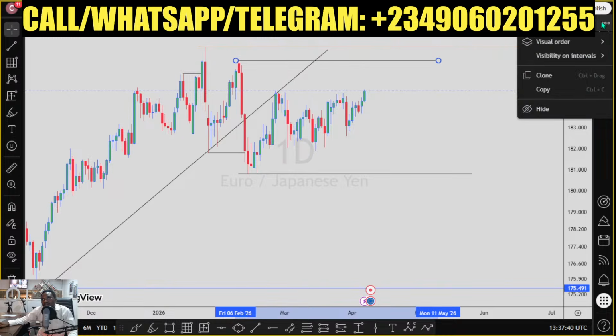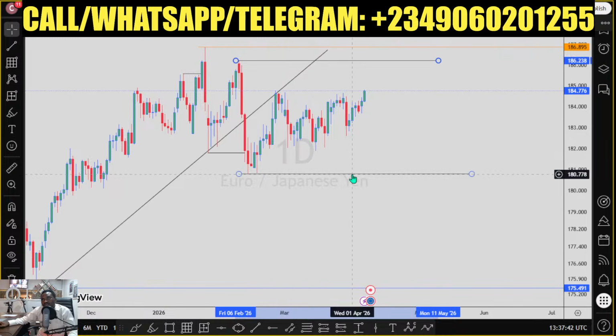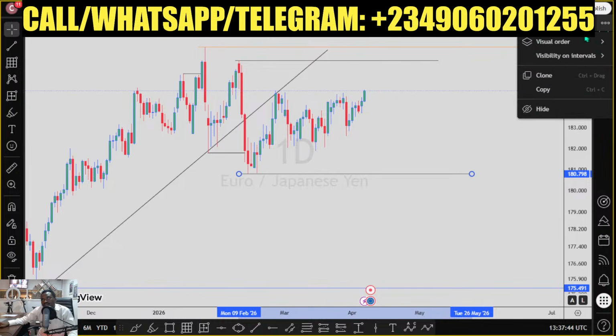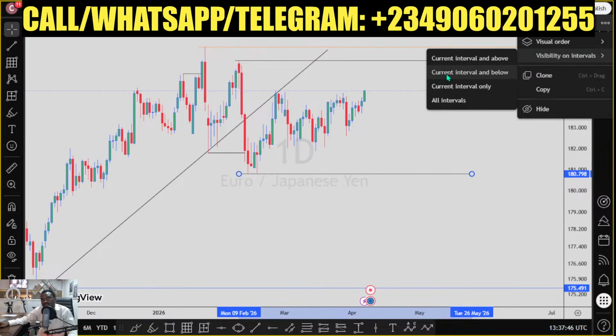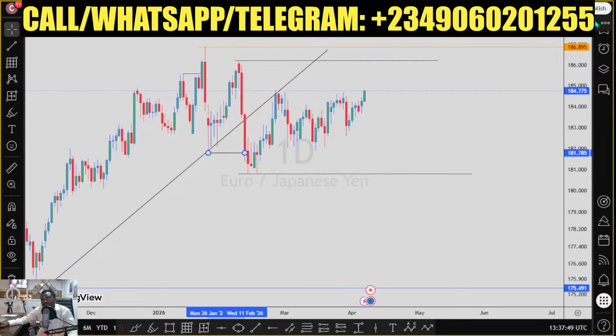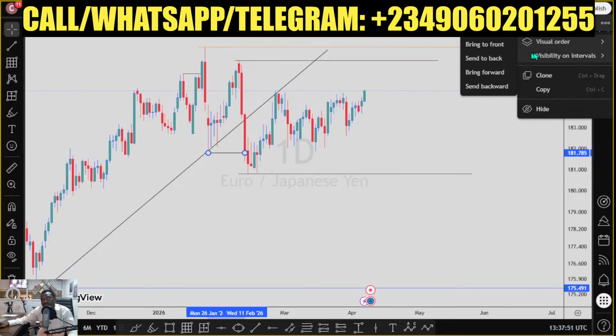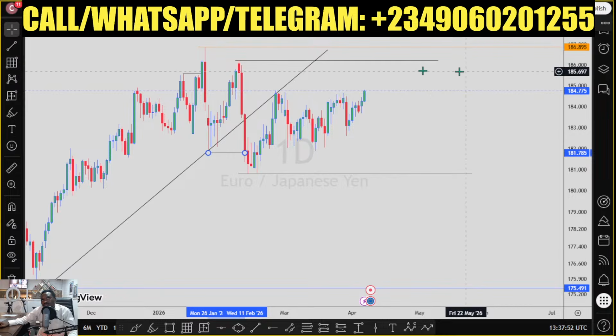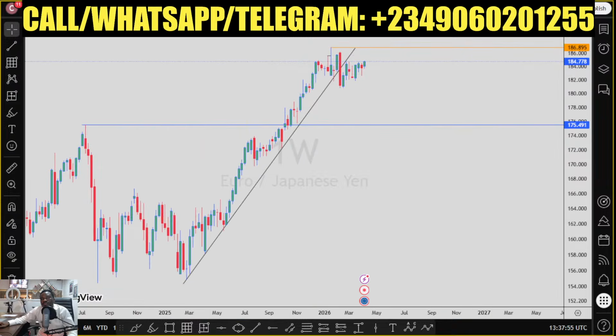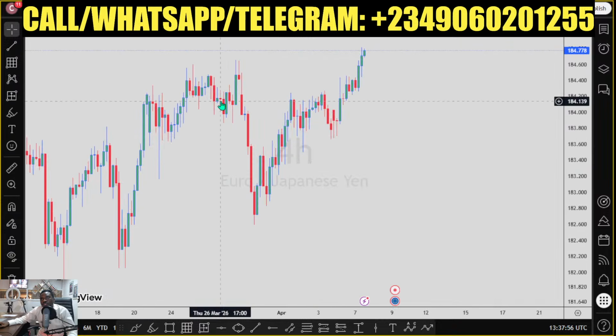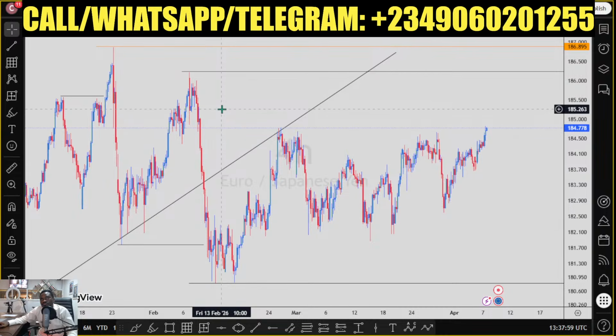Now that we marked it out on the day chart, we mark our strong low highs and our first break of higher low. We mark them out. We can now proceed to the 4-hour chart. Here comes the 4-hour chart.